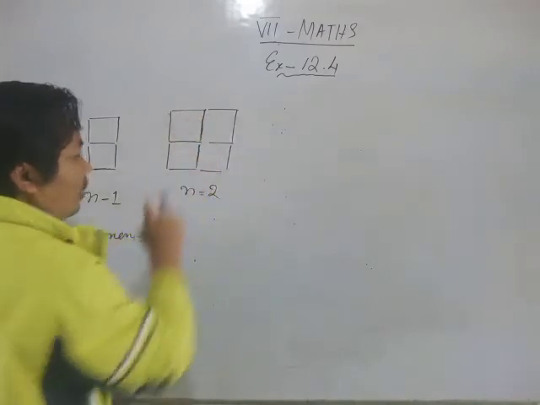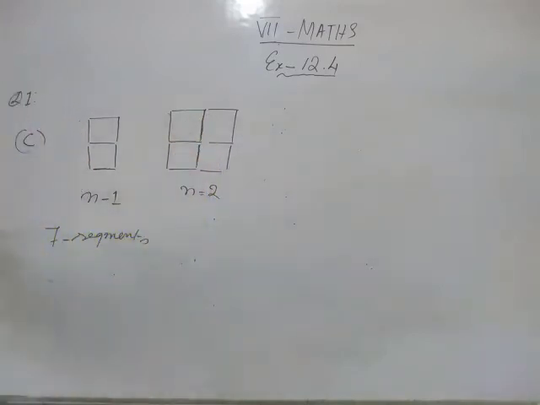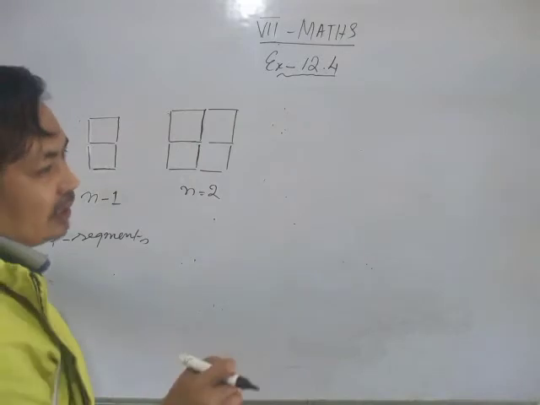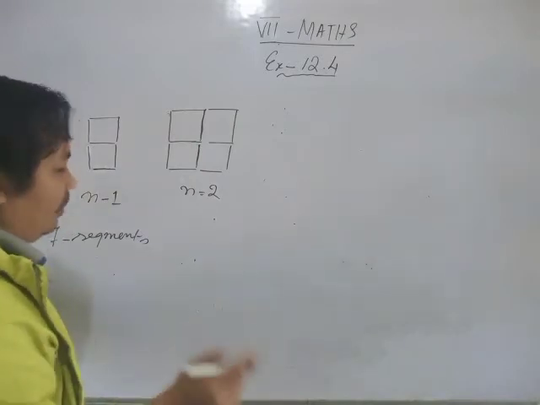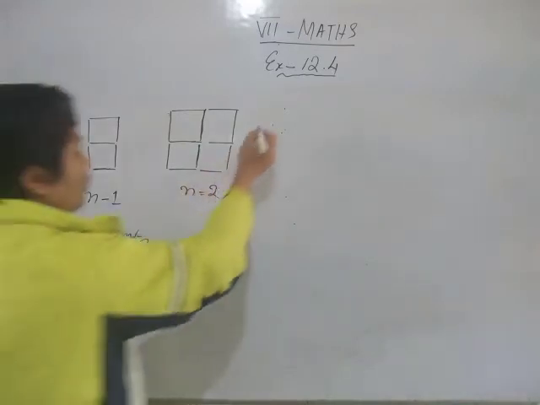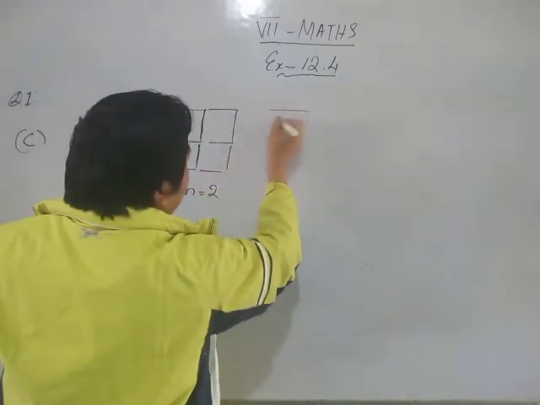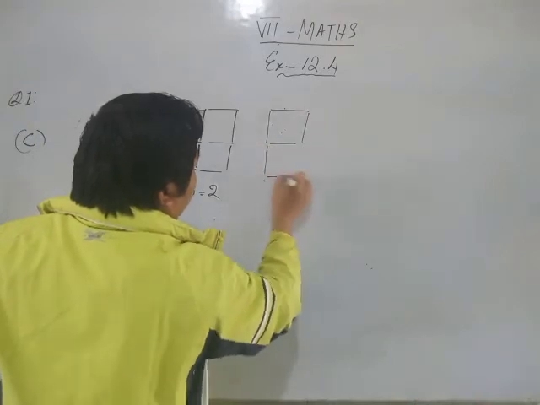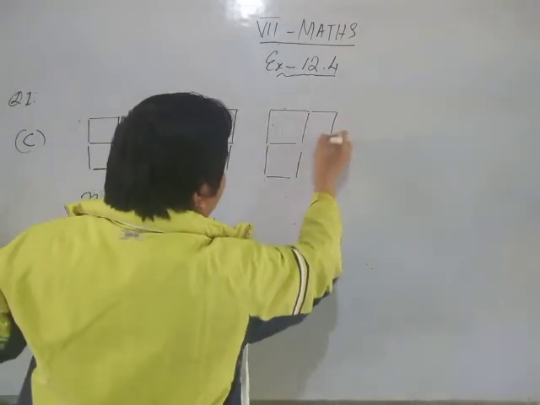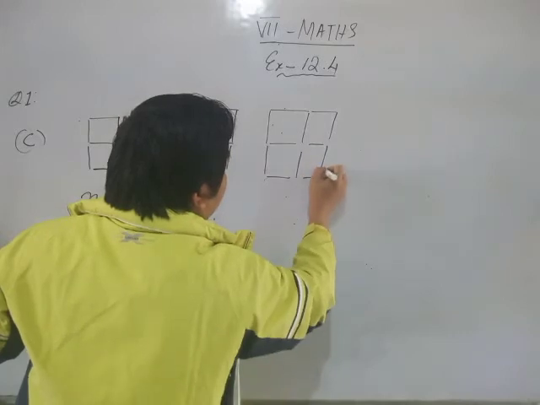And these two are common between two consecutive patterns. So how many segments are common in two consecutive patterns? Two segments are common. Therefore, we can try another case here where n is equal to 3.